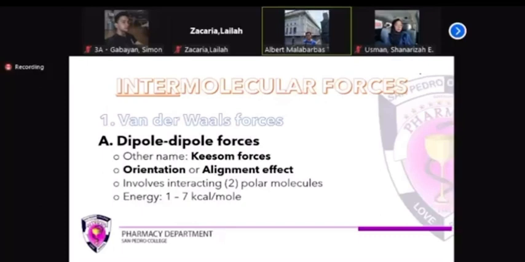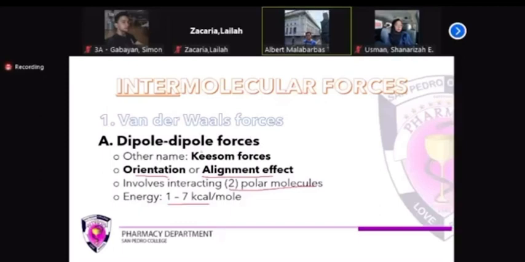It's also known as your Keesom forces, also called the orientation or the alignment effect. Dipole-dipole is the attraction between two polar molecules. The energy of dipole-dipole force is 1 to 7 kcal per mole.